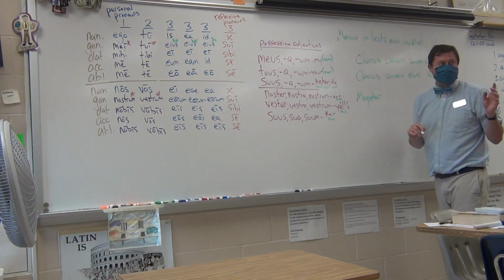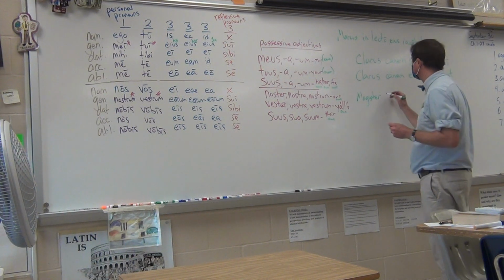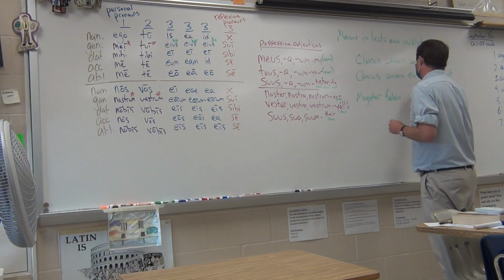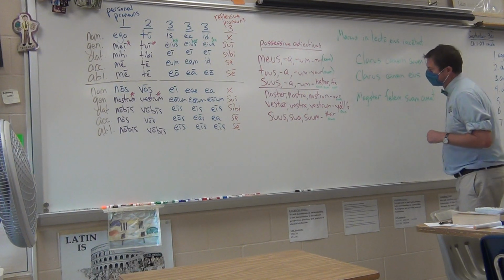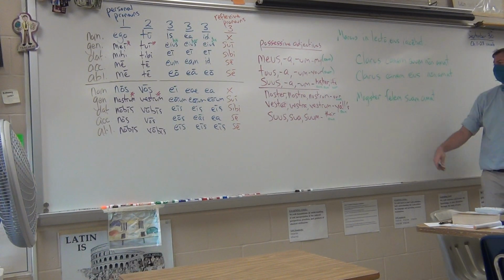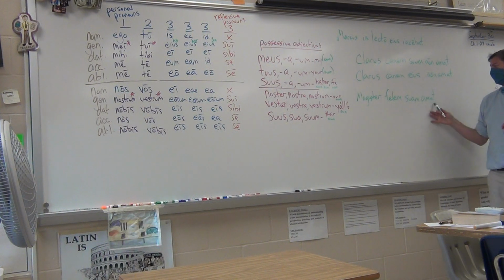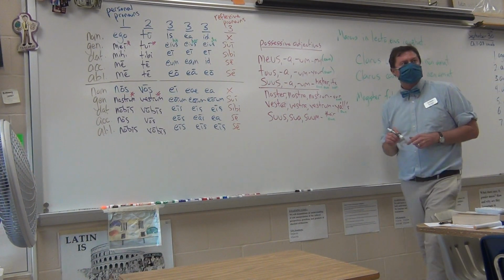Now also the last example. Magister, now, not my current one, but the previous one, felem suam amat. Boys and girls, what does it say? The teacher loves his cat, her cat, its cat, which one? His cat. It's his cat. But wait, why is suam feminine?